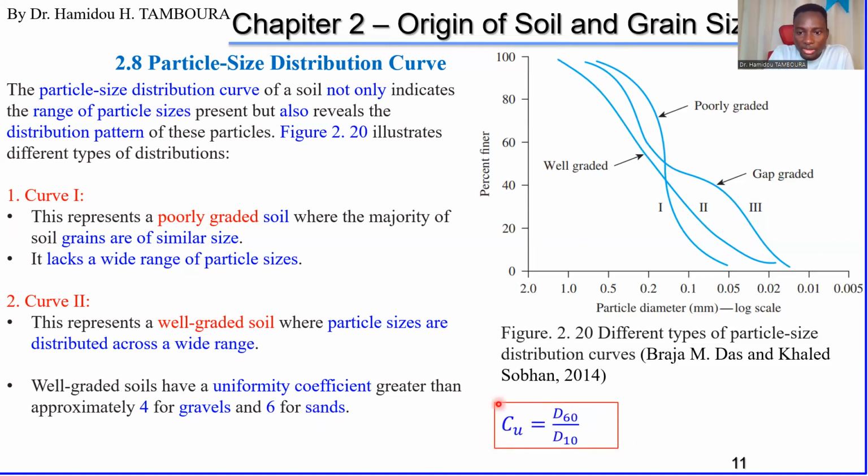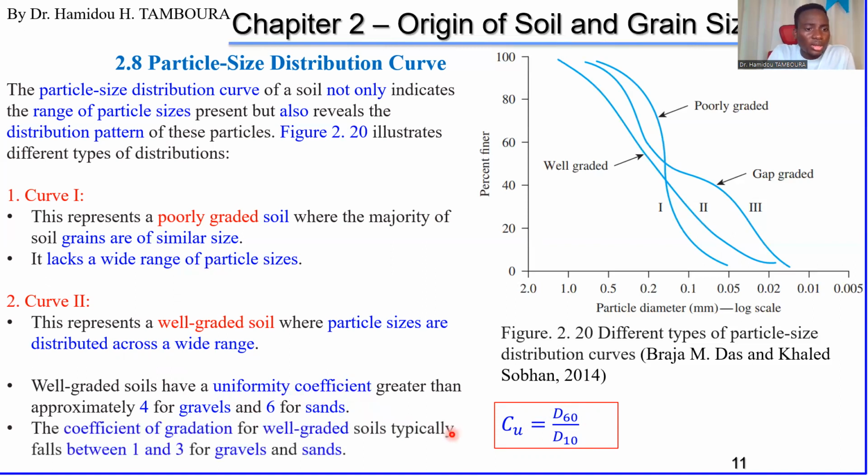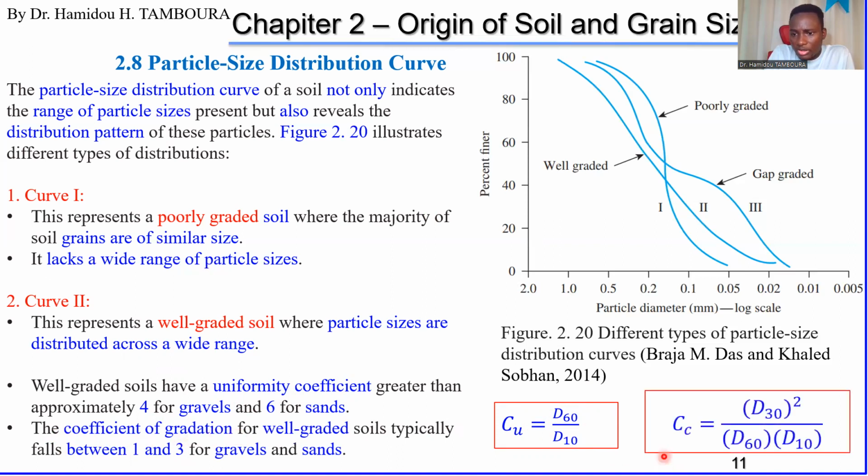Okay, just a reminder, this formula is the formula for the uniformity coefficient. You know it already. And another thing is the coefficient of gradation, which is this one.